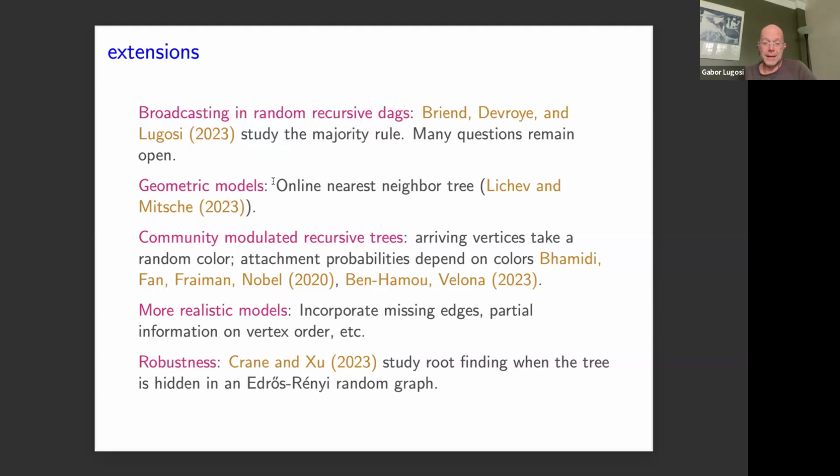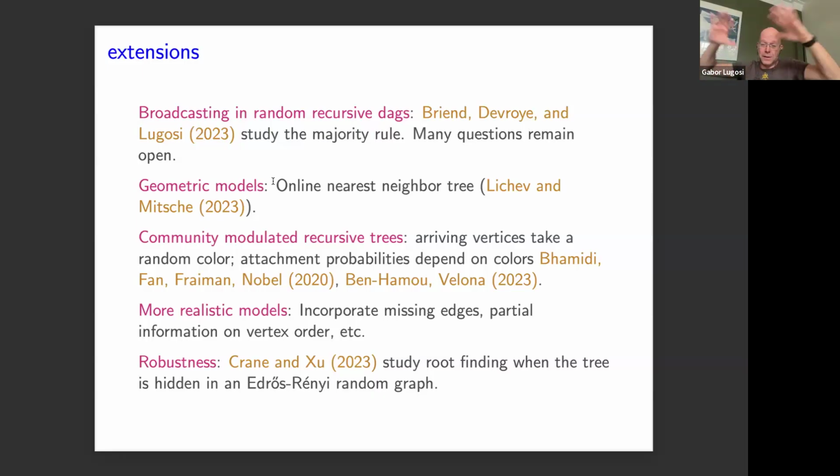A really nice open area is when we give a little bit more structure to these networks. Real networks usually have some kind of underlying geometry. So a natural extension of the uniform random attachment model is the online nearest neighbor tree.